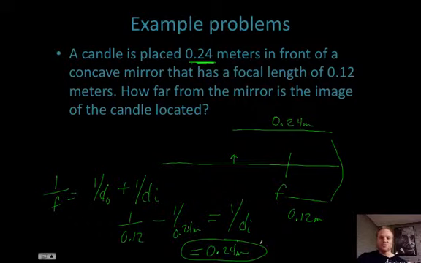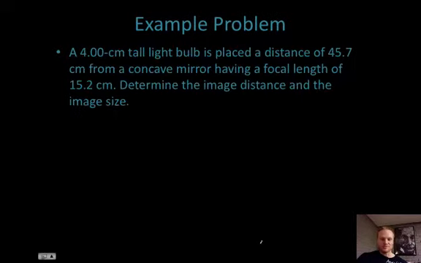All right, let's do another example problem. A 4 centimeter tall light bulb is placed a distance of 45.7 centimeters from a concave mirror having a focal length of 15.2 centimeters. Determine the image distance and the image size. As always, I recommend drawing a picture, and I'm going to draw it kind of smaller because I have a lot of things going on in this problem.